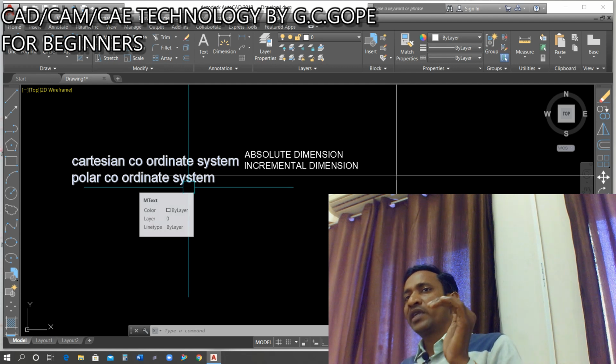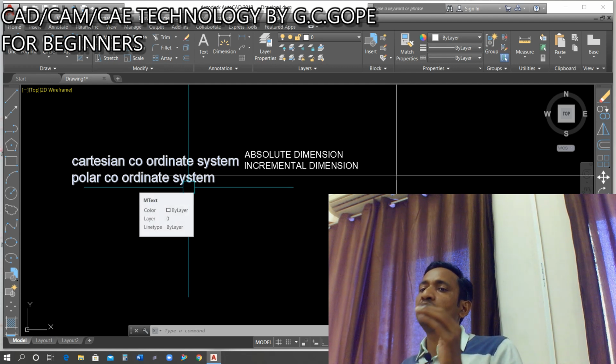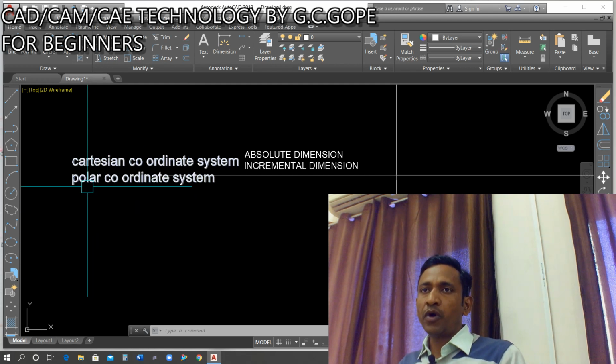I am going to provide some symbols: whenever you have to define the radius, you take Shift plus 2, and the at-the-rate sign comes on the screen. When you define the value of theta, you take the less-than sign, so that the software understands that the user is going to use the polar coordinate system.